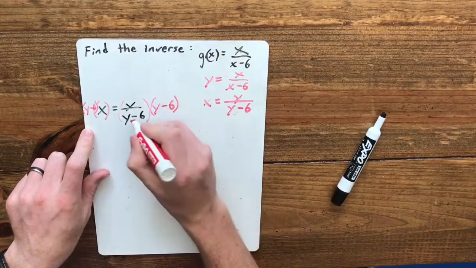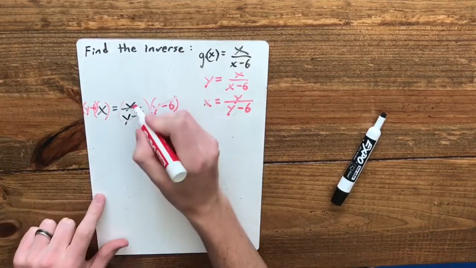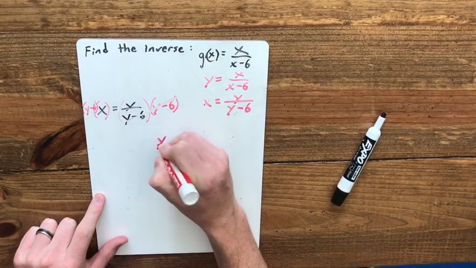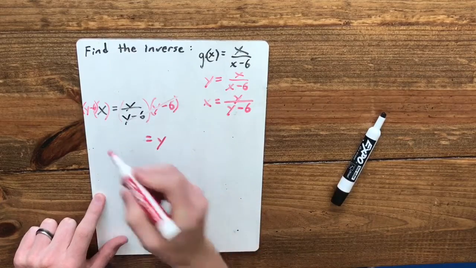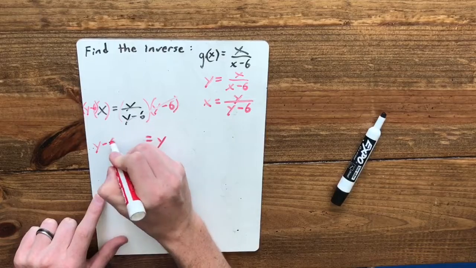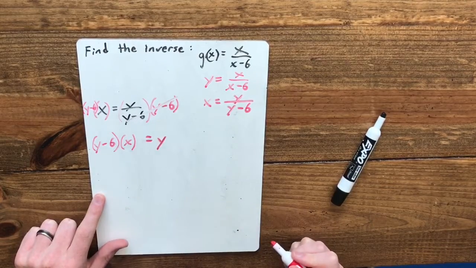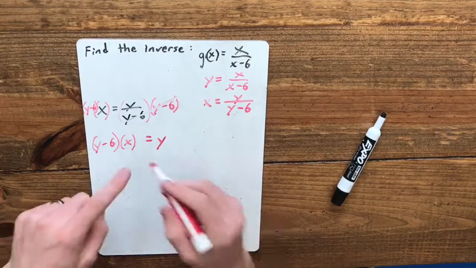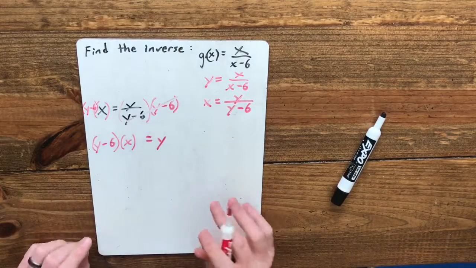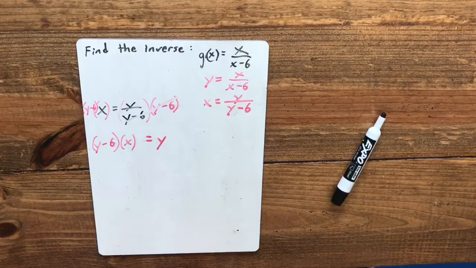Over here they cancel out to leave me with just y on the right side. Over here I have y minus 6 times x.